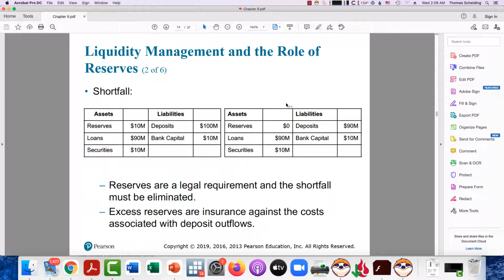So that's one benefit to holding some excess reserves: it gives you a cushion in case the old woman all of a sudden comes and wants all of her money, and you get one or two other depositors that want all of their money. I could end up being short on reserves. And the excess reserves would be that insurance policy to avoid that from happening.